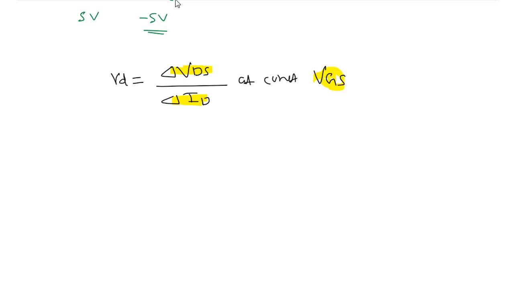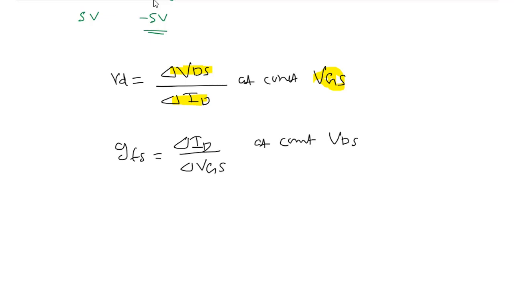Now next is the transconductance GFS, and this is defined by delta ID by delta VGS at constant VDS.